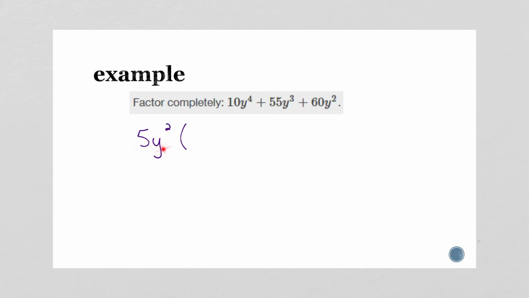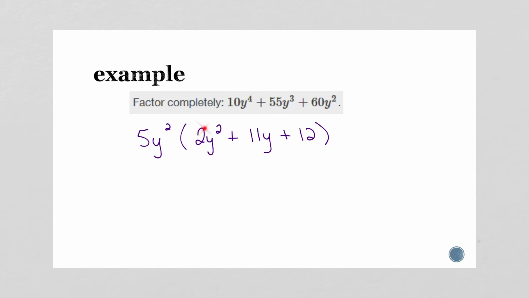So what times 5y squared would give me 10y to the 4th? That's 2y squared. What times 5y squared would give me 55y to the 3rd? Plus 11y. And then what times 5y squared would give me 60y squared? And that would be plus 12, okay? So now let's see if this polynomial right here is factorable.